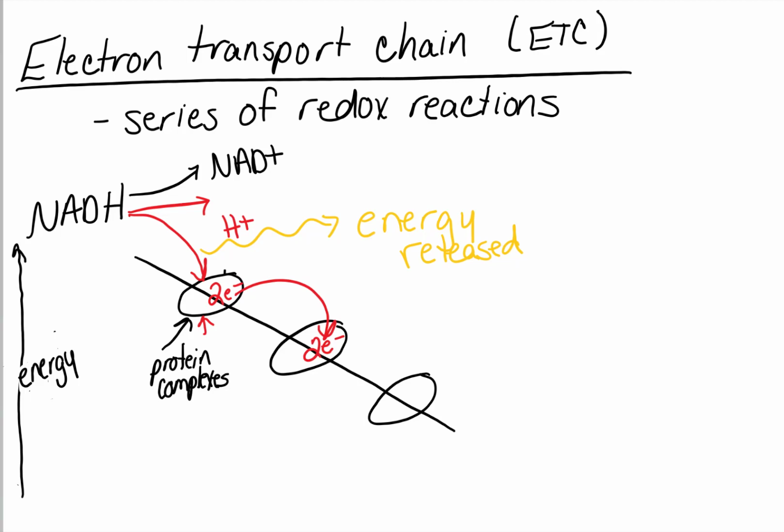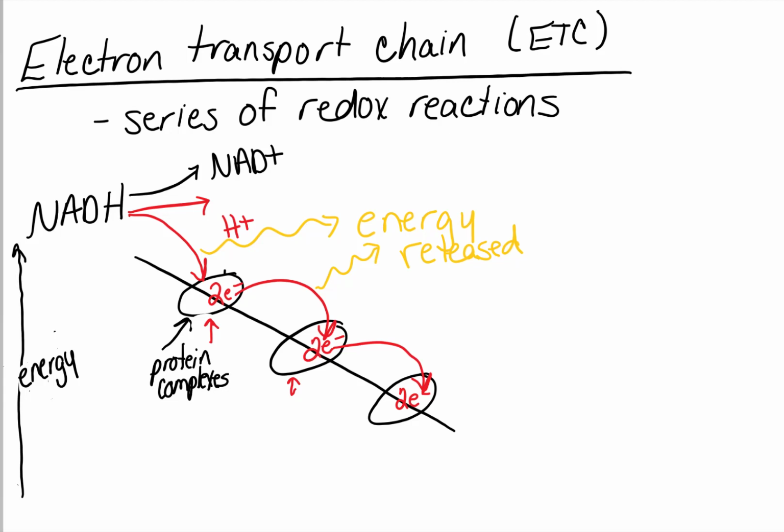This protein complex becomes oxidized. There's a loss of electrons, and this protein complex becomes reduced. This is a redox reaction. Energy is released. These electrons will continue to move down the electron transport chain.